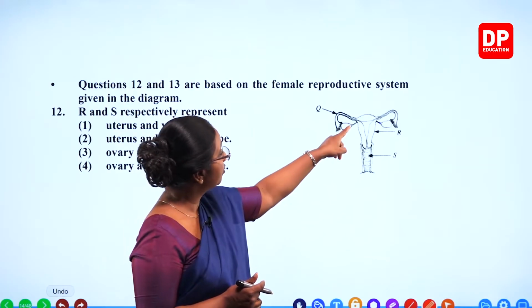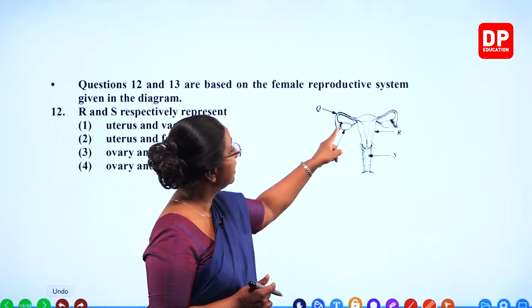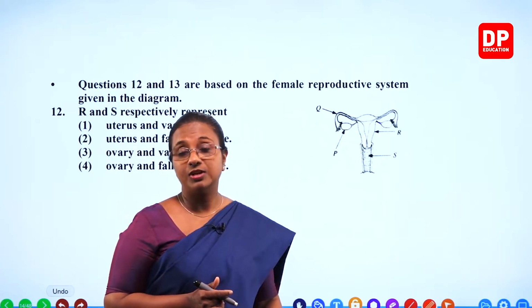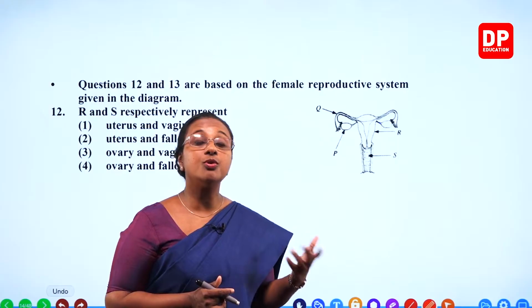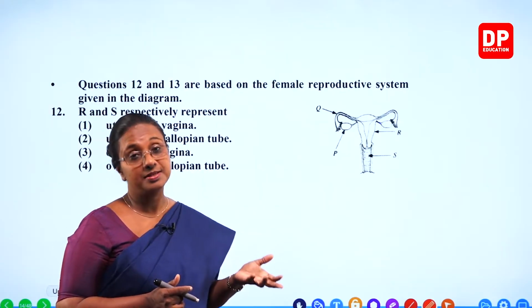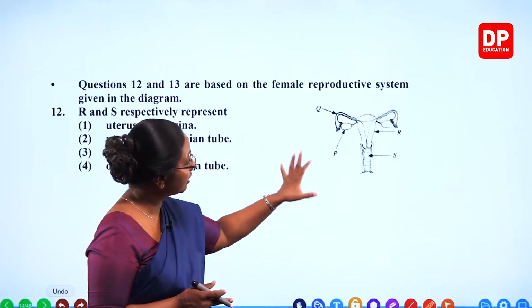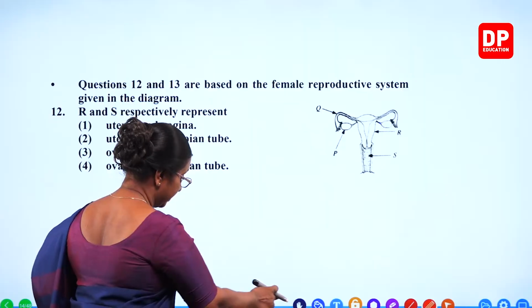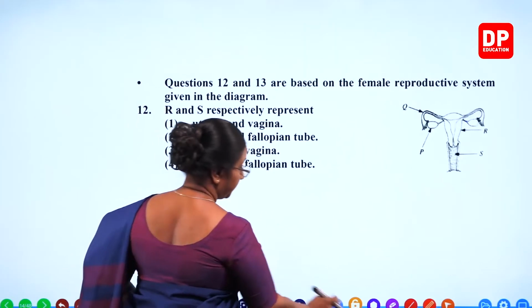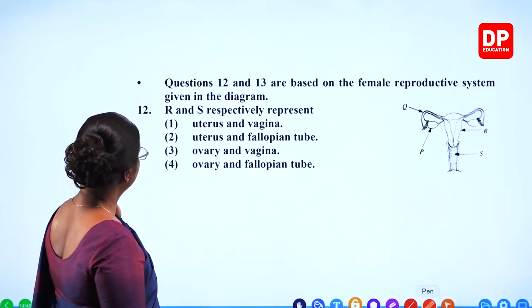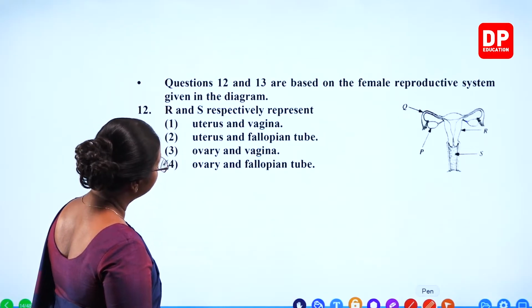And you all know, although there is the menstrual cycle, that happens both in the ovaries as well as the uterus. And the ovaries produce hormones also. They secrete estrogen and progesterone. Those are all that you need to know in relation to the female reproductive system. Then, if we look at question number 12, R and S respectively represent.